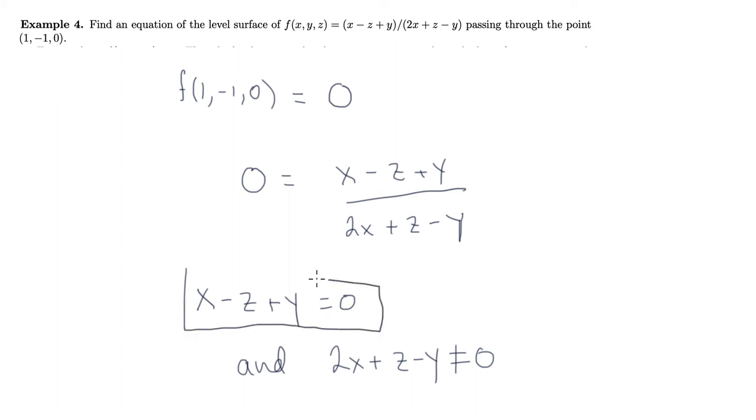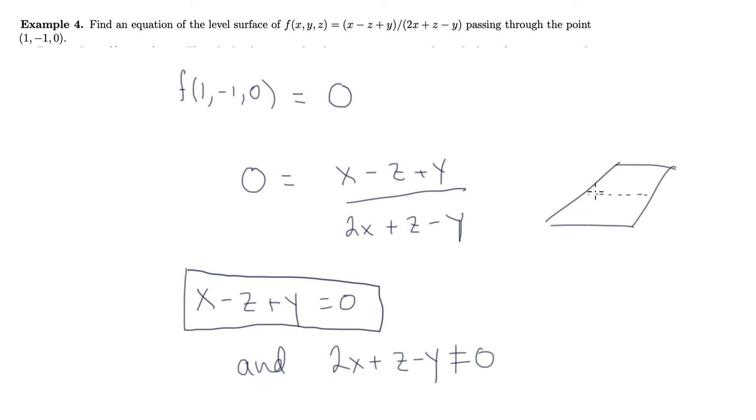So what does this actually look like? Well, this surface is a plane, but we're requiring that 2x plus z minus y can't be 0. So we're removing this plane. If we take a plane and remove another plane, then from this plane we're actually just going to remove the line of intersection between these two planes. So it's going to look like a plane with a line taken out of it.